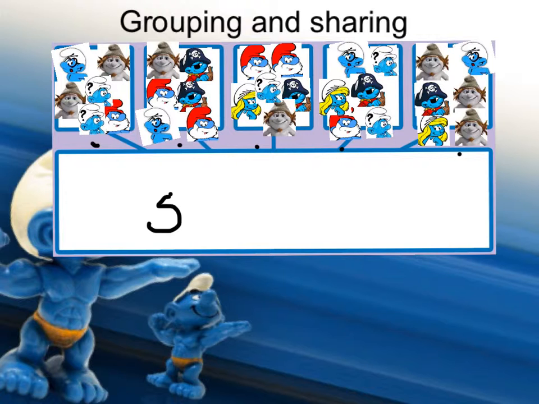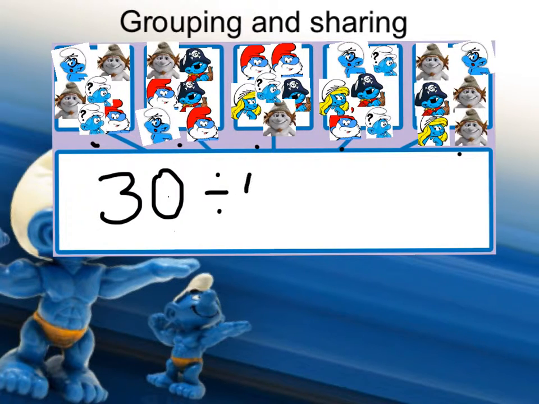Actually, no, I started off with 30, didn't I? 30 Smurfs, and I shared or divided, there's my symbol, divided it into 5 smaller boxes. And how many Smurfs went into each box? Well, we had 1, 2, 3, 4, 5, 6 into each box. 30 divided by 5 equals 6, or 30 shared into 5 equals 6 each.